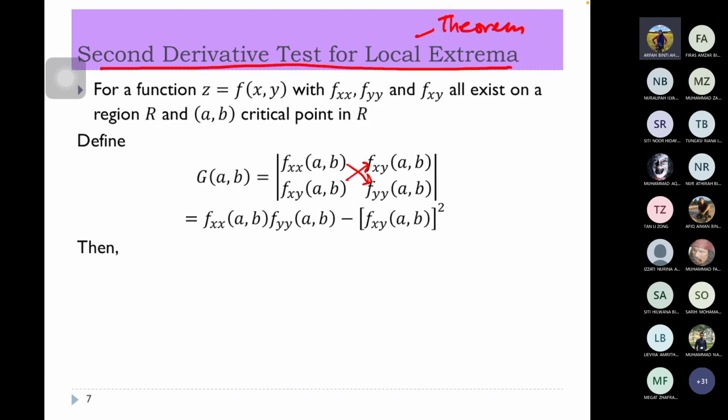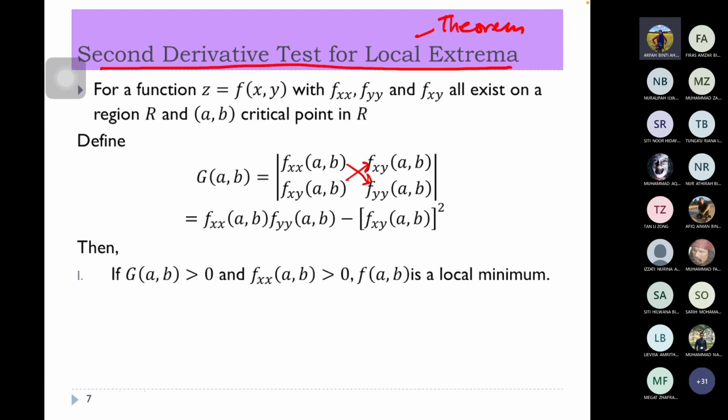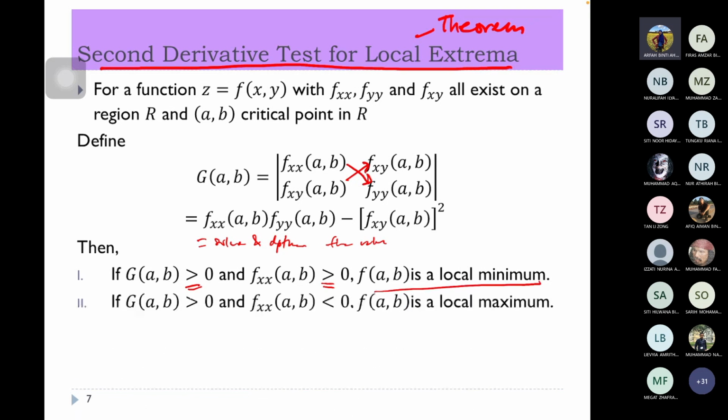Okay. So then kalau G(a,b) greater than 0, kalau awak selesaikan, solve and dapatkan the value. So if you get it is greater than 0 and the second order partial derivative fxx juga greater than 0, so f(a,b) is a local minimum. Okay. If G(a,b) is greater than 0 and fxx(a,b) is less than 0, so it will be a local maximum.